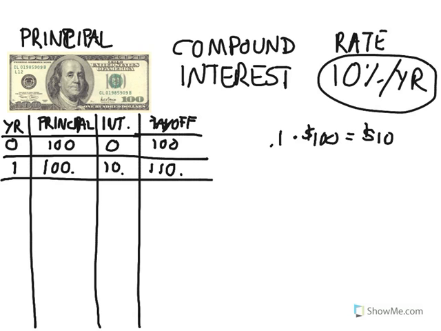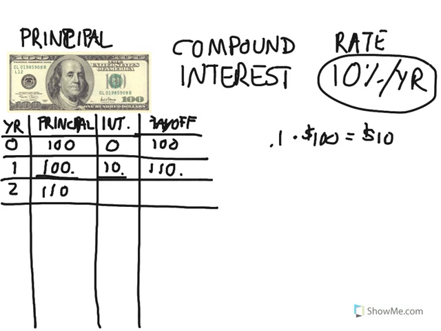Now, year 2 is really where you can see the difference between compound interest and simple interest. The main difference is that compound interest applies to the new total principal, which includes the last accrued interest amount. So this interest amount of $10 plus the $100 is the new principal amount in year 2.